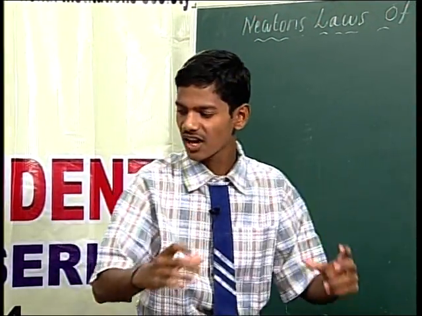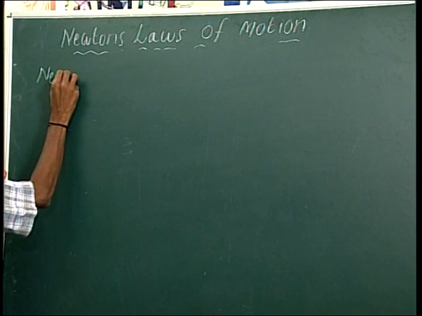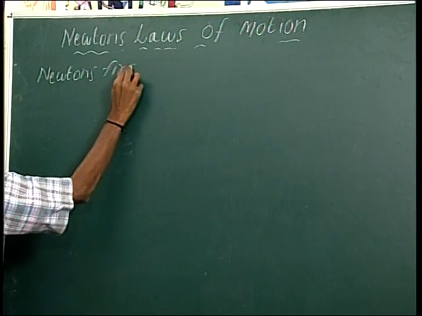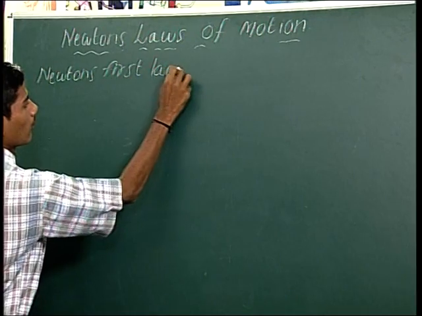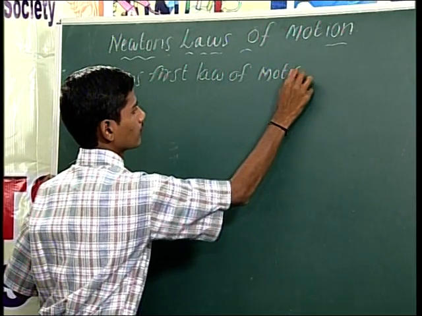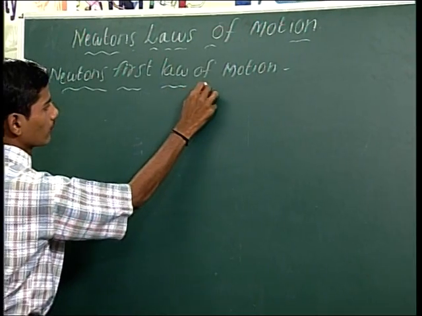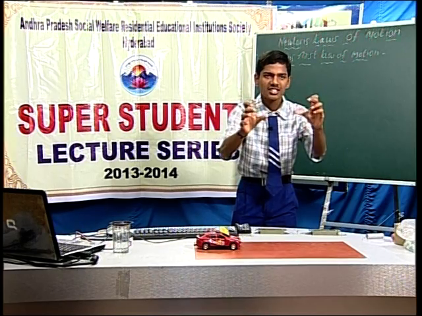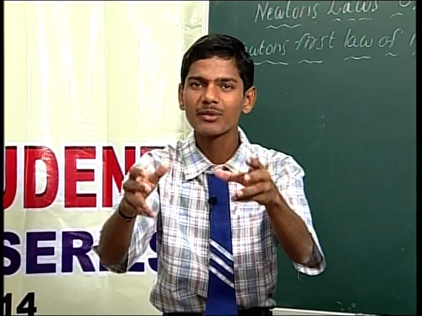See Newton's first law of motion: every body which is in the state of rest or of uniform motion will remain so unless and until an unbalanced directional force is applied on it.